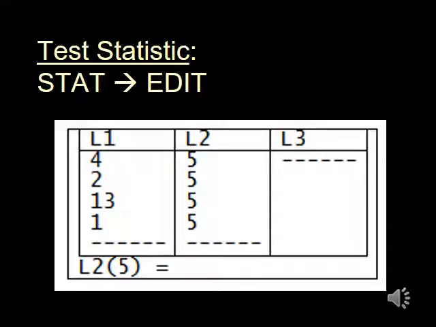So the next step here, and it's the next thing I do want you to be able to do, is you want to figure out what are the expected values for your problem. That means how many diamonds, hearts, clubs, and spades would I normally get if everything was just randomly distributed? Well, 25% of things should be of each suit, and since I had a total of 20 cards, a fourth of 20 is 5, that's why I've got 5, 5, 5, and 5 entered on all those things in L2.